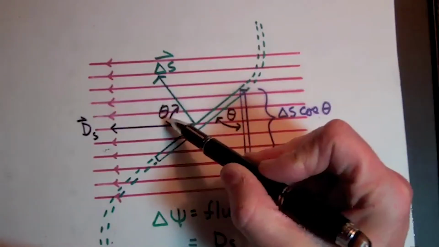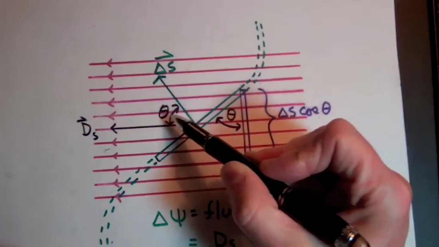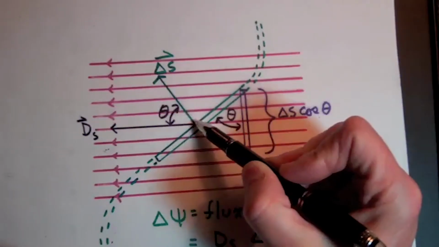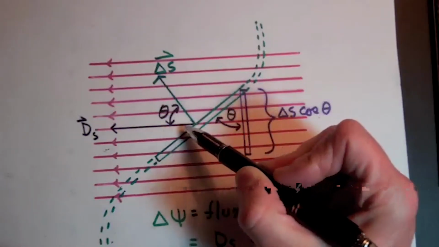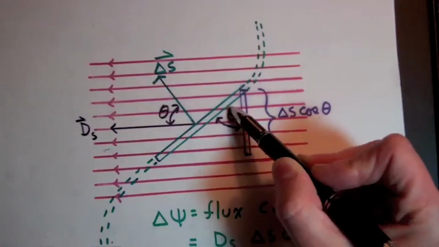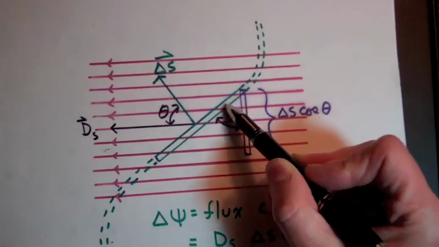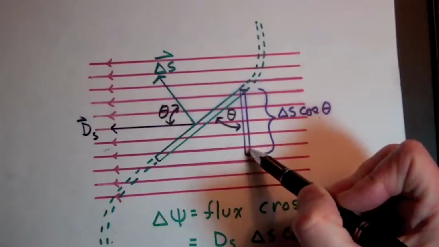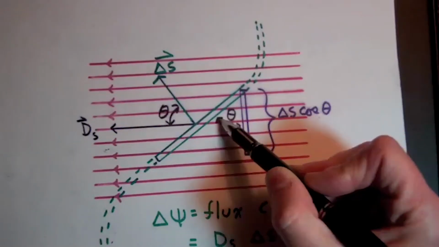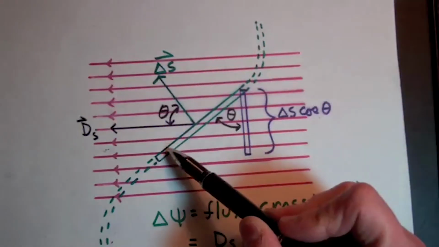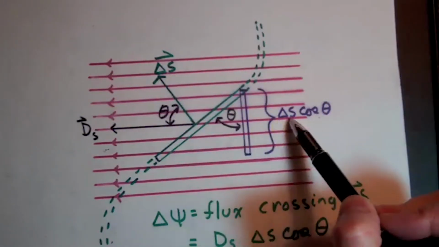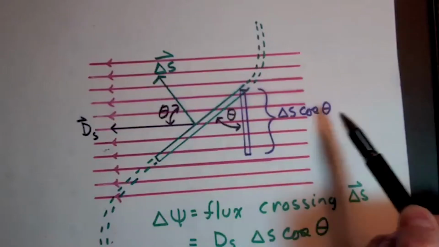Now, if the angle is theta between our surface element and the electric flux density field, the angle here between our surface element and the projection of our surface element is also theta. So the cross-sectional area here will be the hypotenuse delta S times the cosine of theta.